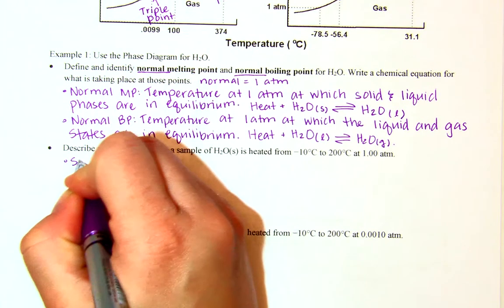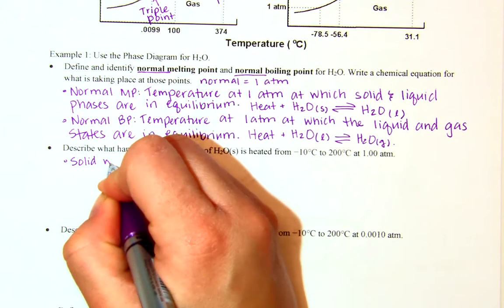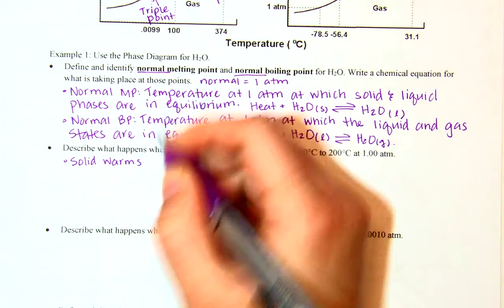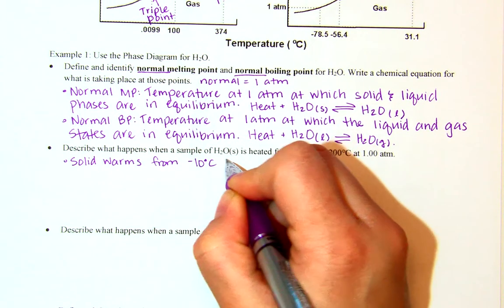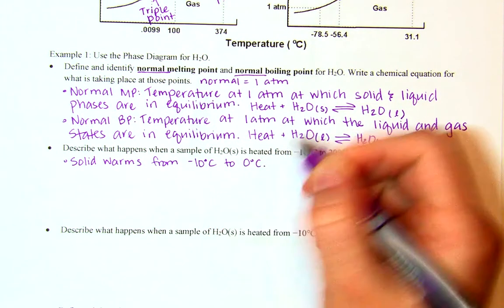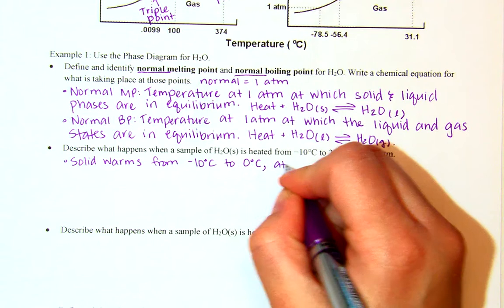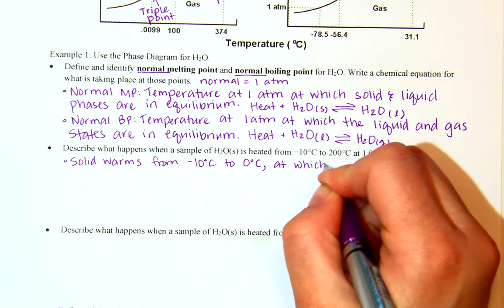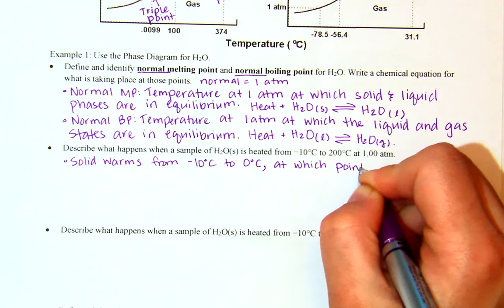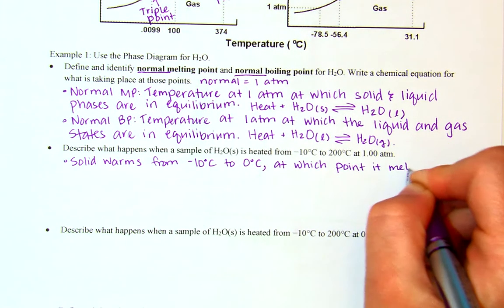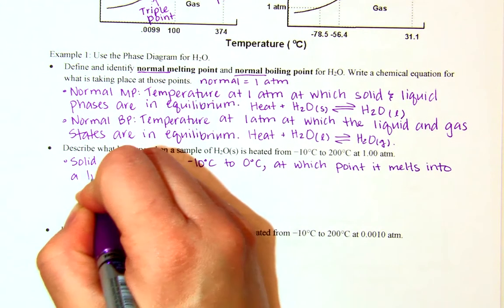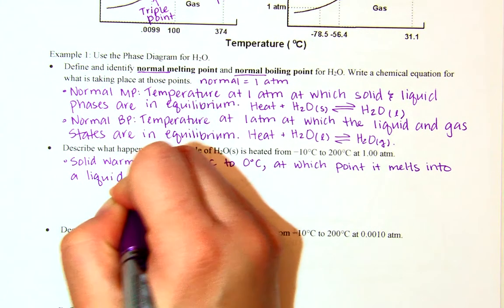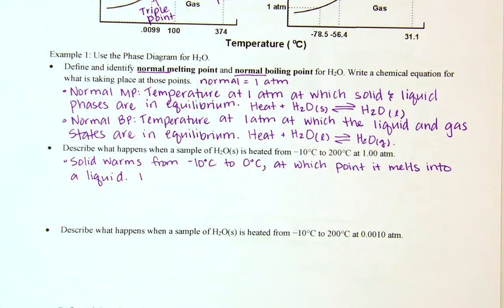So first, the solid warms from negative 10 to 0, at which point it melts into a liquid. Then the liquid increases in temperature until 100 degrees Celsius when the liquid boils, forming a gas.